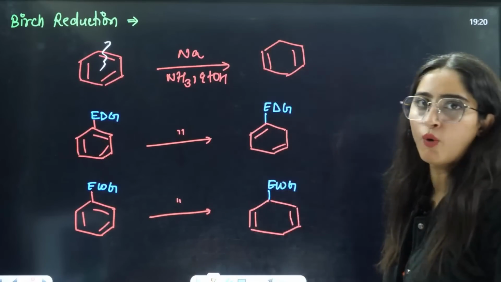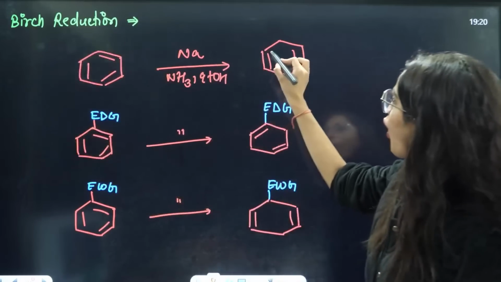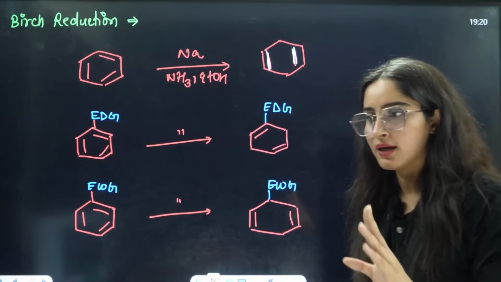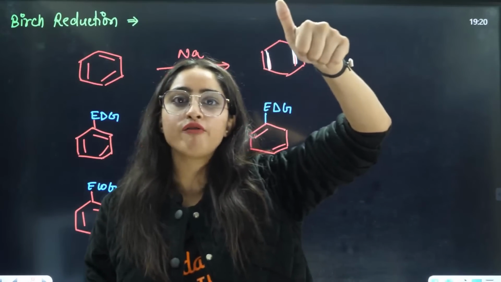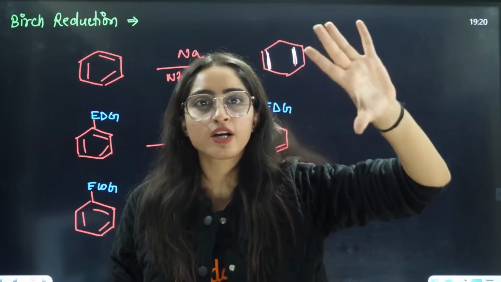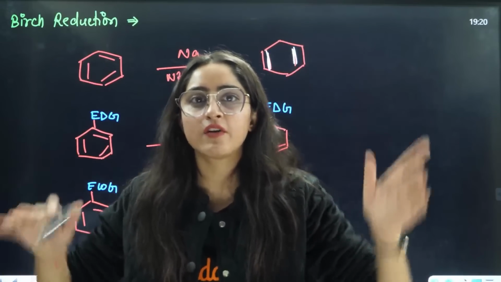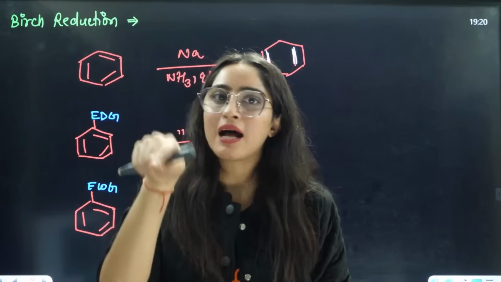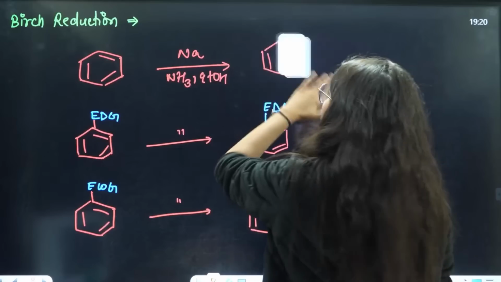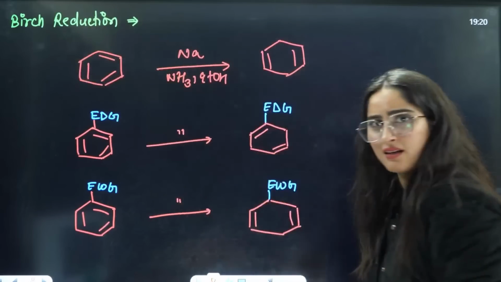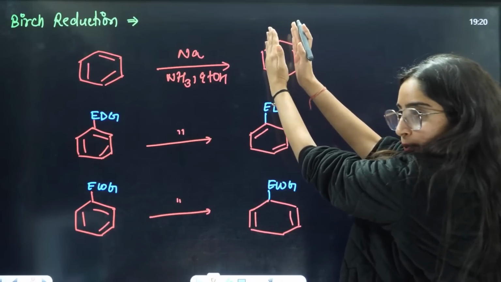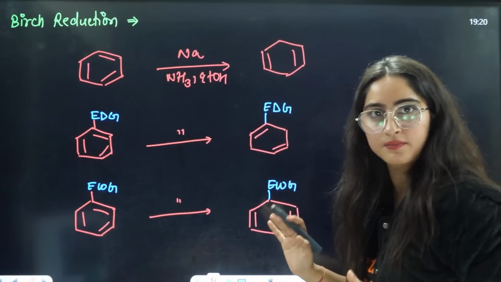In Birch reduction of benzene or its derivatives, the answer will be 2 pi bonds. If you are using simple benzene, then these two double bonds will be opposite to each other. This is the correct answer.